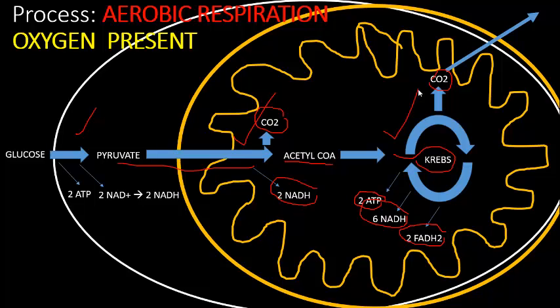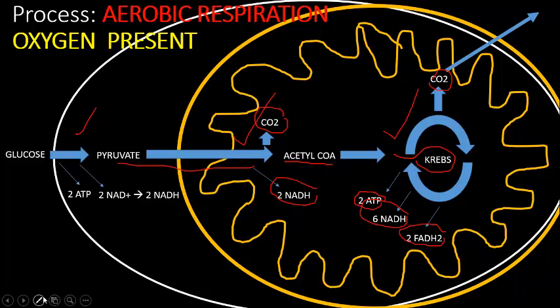Each time electrons get removed, electrons are going to end up with NADH, an electron carrier. All the carbons that began with glucose are going to leave as carbon dioxide. Since glucose has 6 carbons, 6 carbon dioxides are going to be released as a waste product.